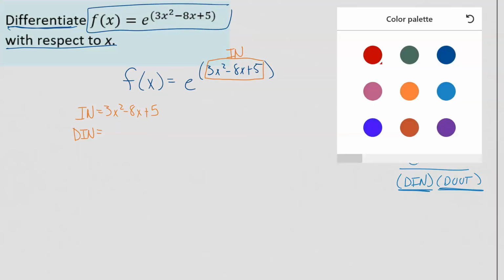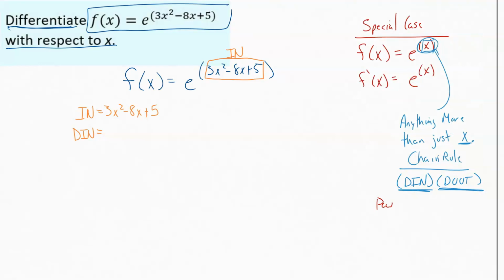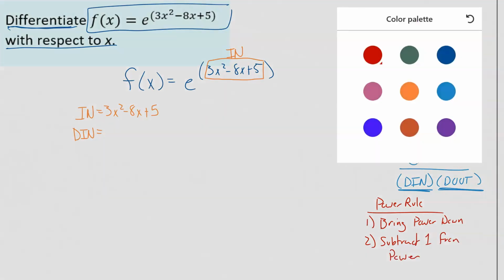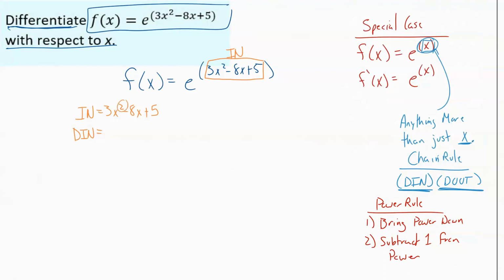Now we're going to follow our standard power rule. Most of these derivatives end up flowing back through the power rule, which says bring the power down and then subtract 1 from the power. So we bring this 2 down. 2 times 3 gets us 6x, and subtracting 1 from the power gets us x to the first.